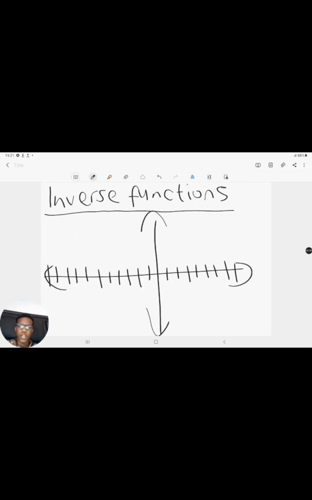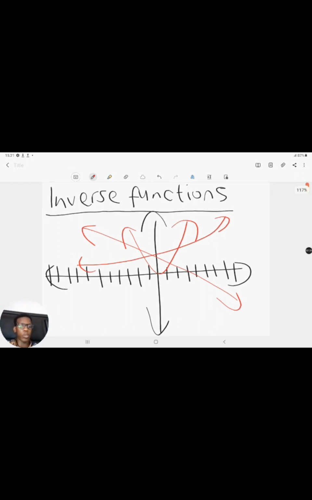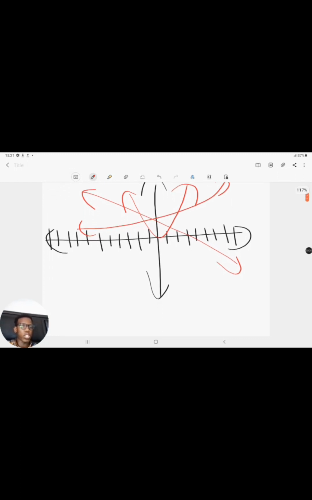The three functions that we will be looking at are the parabola, the exponential function, and the straight line function. We'll be finding their inverses, and we'll be pointing out a couple of important things as we look at these graphs.